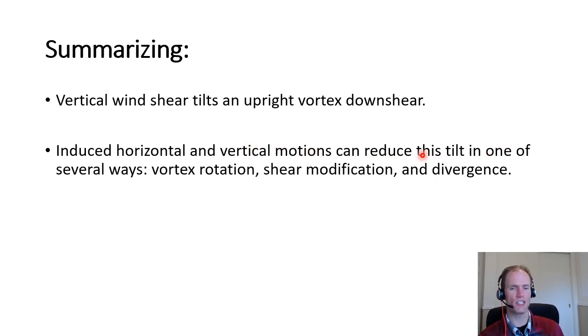It could even increase the tilt in some particular configurations, but in general, it helps to reduce the tilt in one of several ways, whether that be through vortex rotation, the induced horizontal circulations that shift things around so that the shear counteracts what it initially did, a modification to the shear itself associated with the change in intensity of these features with height, as well as vertical motion-induced divergence that can take a vortex and try to tilt it back against the vertical shear that it was otherwise experiencing.